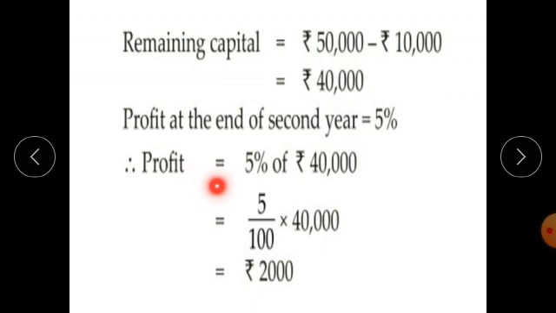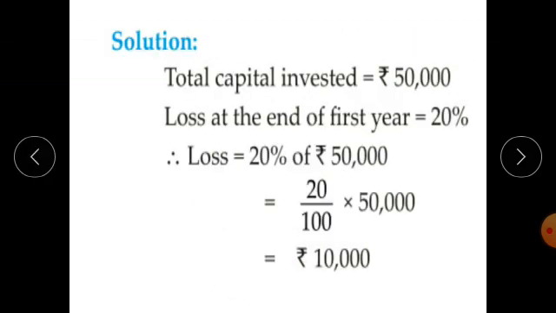So profit is 5% of rupees 40,000, which is 5 upon 100 into 40,000, equal to rupees 2,000.